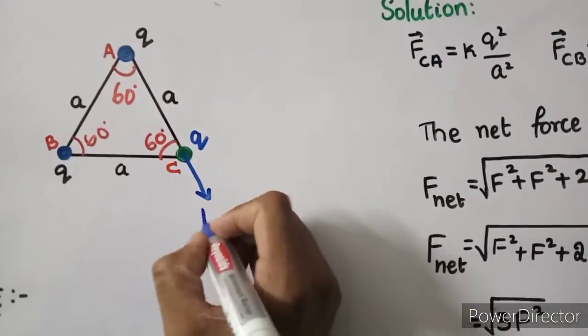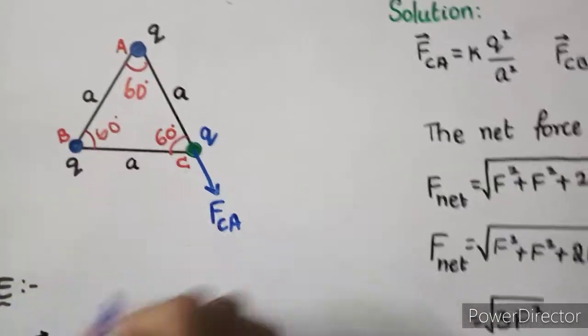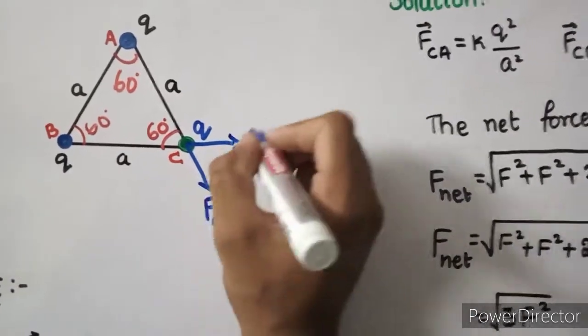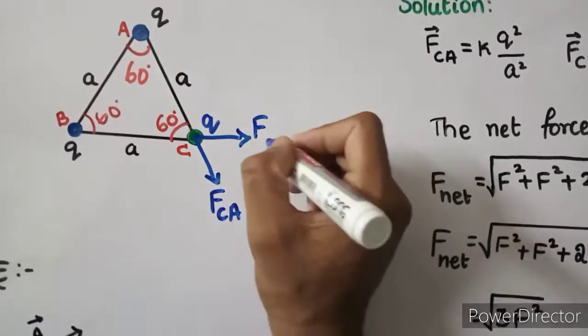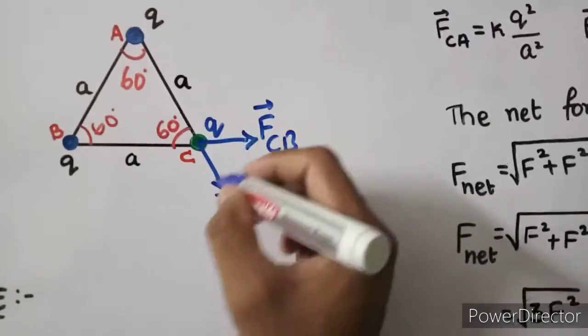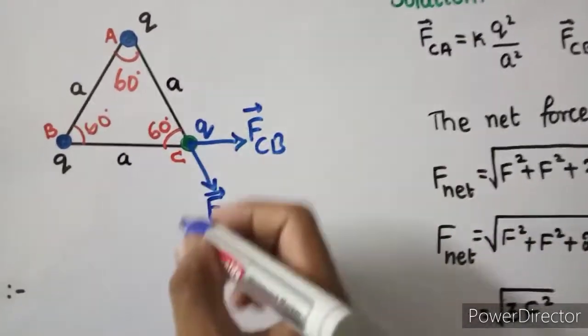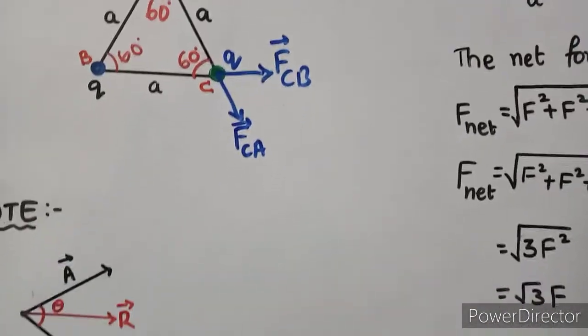So let's consider this is force at C due to A, and force due to B at C will be given in this direction. So that is FCB. So the net force at C because of these two is given by the resultant force.